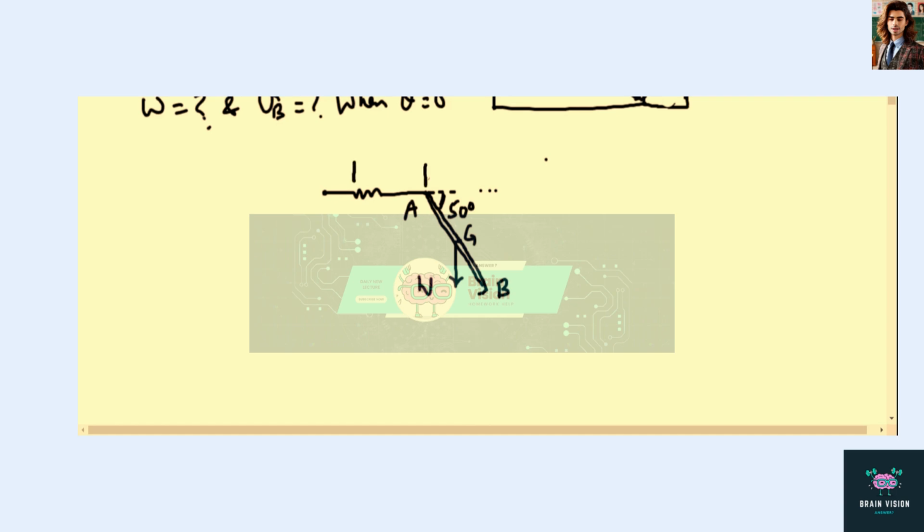This is x1. If we draw the perpendicular from here, this is length L, this is 50 degree, this is 90 degree. So it will be L cos 50.